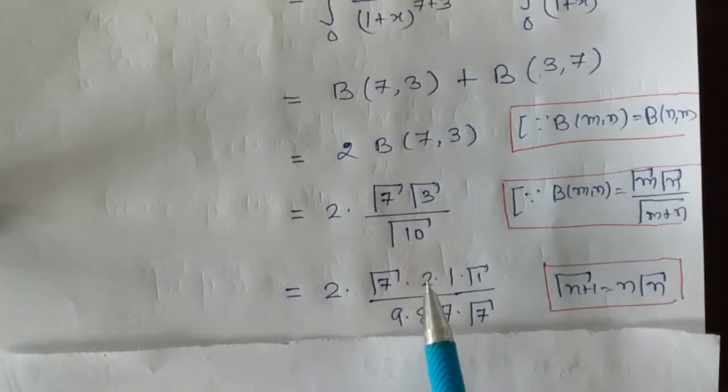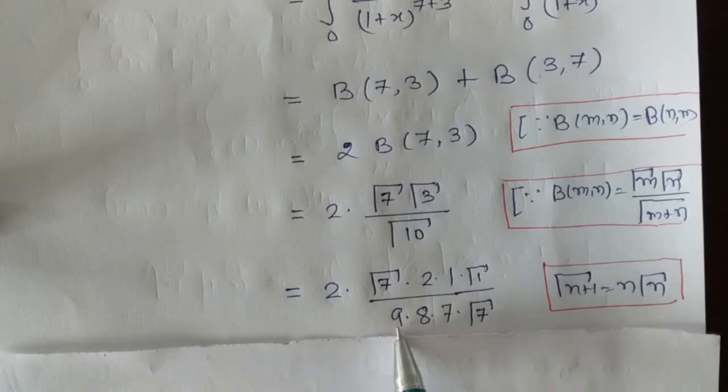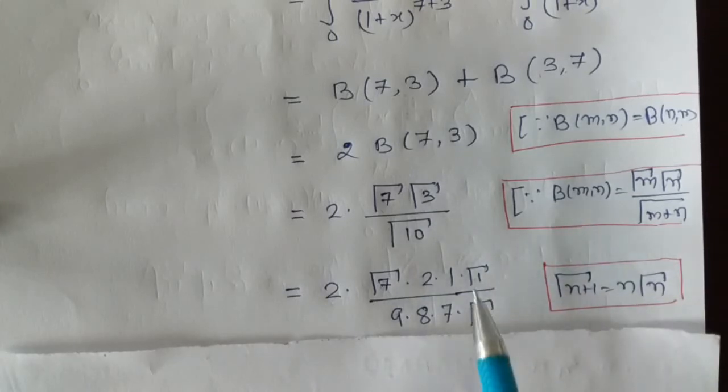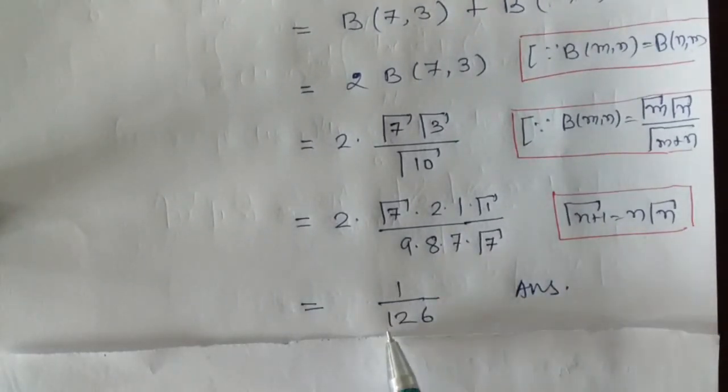Gamma 3 becomes 2 gamma 2, and gamma 2 becomes 1 gamma 1, upon gamma 10 becomes 9 gamma 9, gamma 9 becomes 8 gamma 8, gamma 8 becomes 7 gamma 7. Now gamma 7 cancels and gamma 1 is 1, and further simplifying all terms, we get 1 upon 126. So this is the result of the given integral using the improper integral of the beta function.